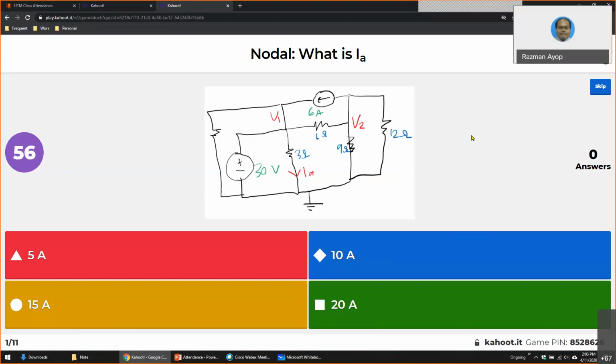Okay, here is IA. So what is the value of IA? You have 50 more seconds.